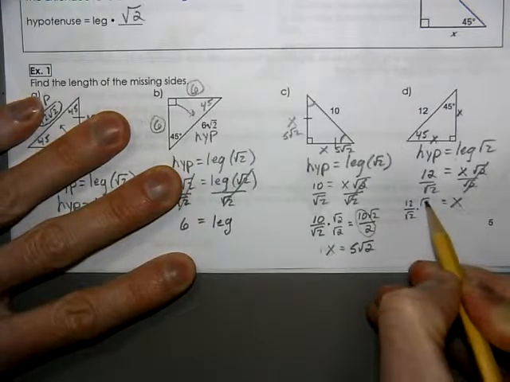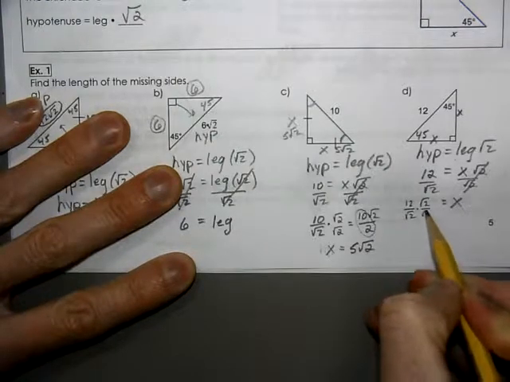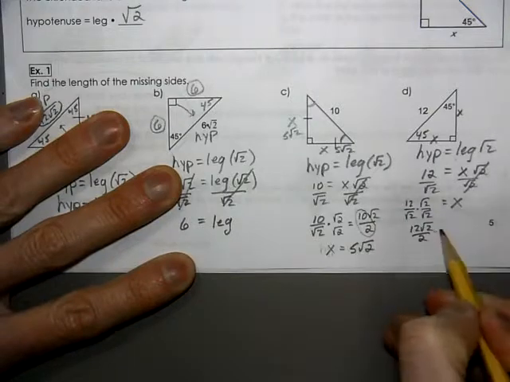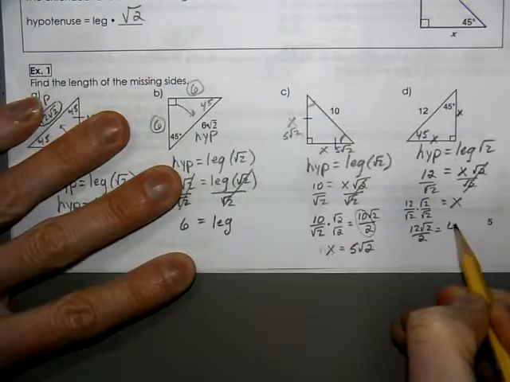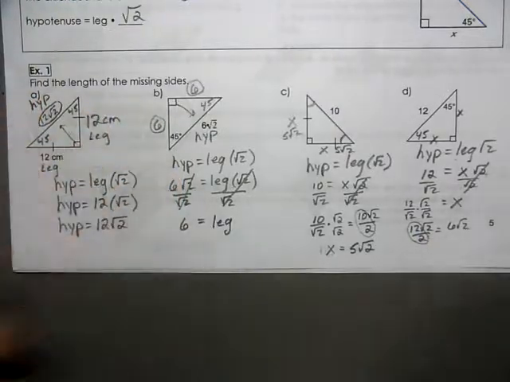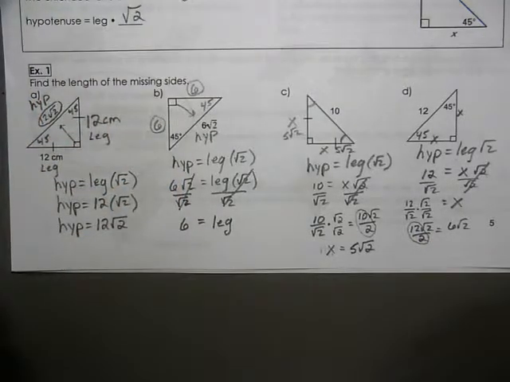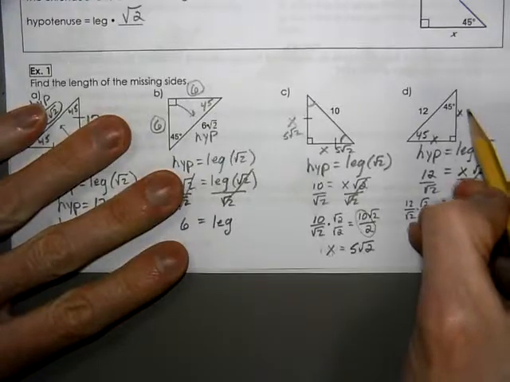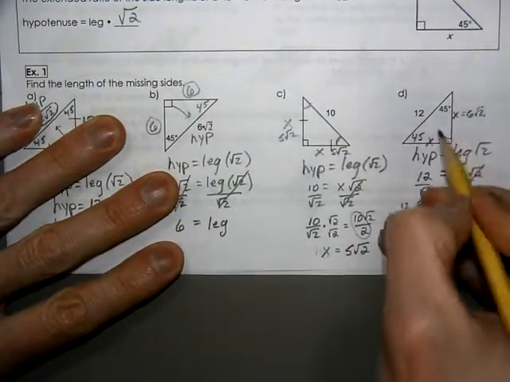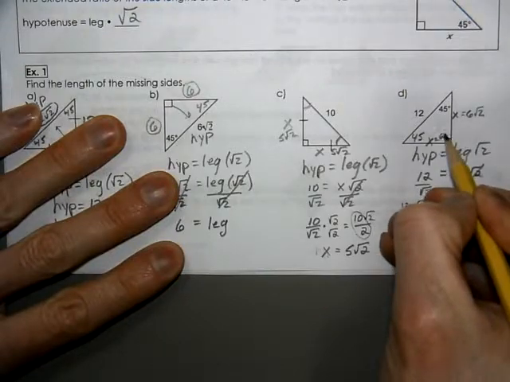So I need to rationalize the denominator to get 12 root 2 over 2, which is going to become 6 square root of 2, because I am simplifying out the 12 divided by 2. 6 root 2 is the length of both of the legs.